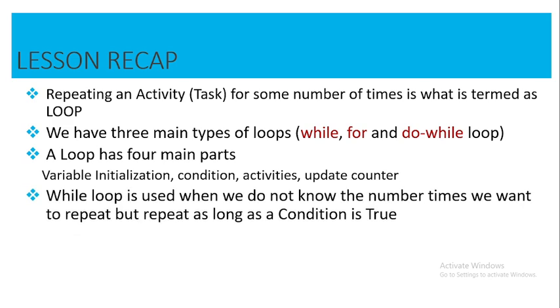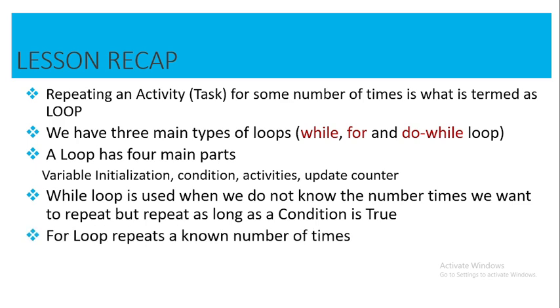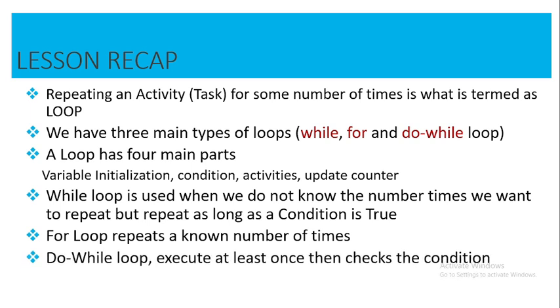We use the while loop when we do not know the number of times we will repeat some code; you repeat the code as long as the condition is true. The for loop repeats a known number of times; we use it when we know the number of times we want to loop through some code. And the do while loop runs at least once before it checks the condition.